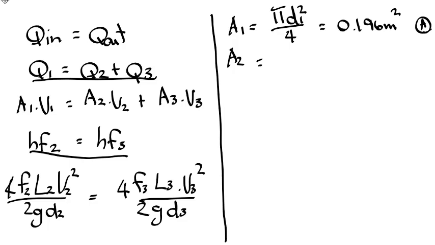So again, you can use your calculator and you should get 0.049 meters squared, and you store that in B. Now after that you can go to area 3 for the third pipe, diameter which will be 0.2.